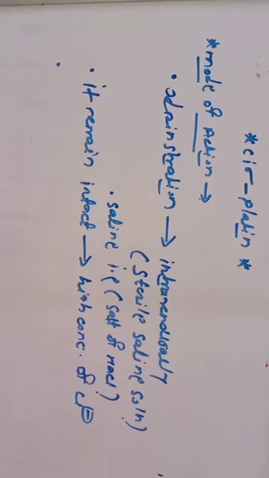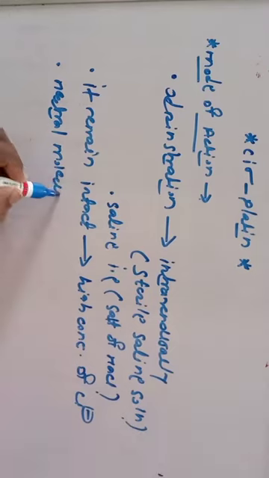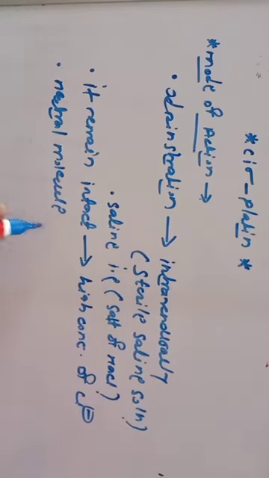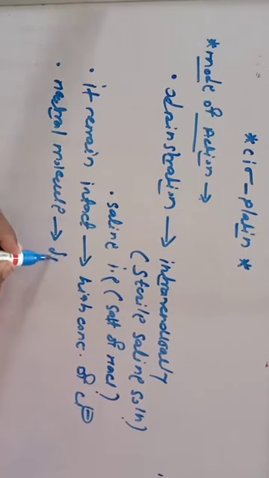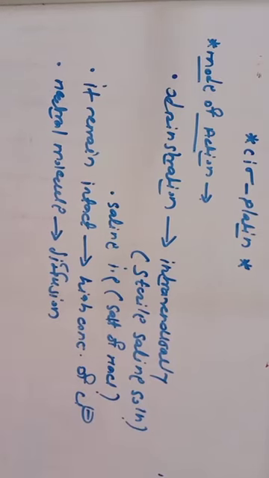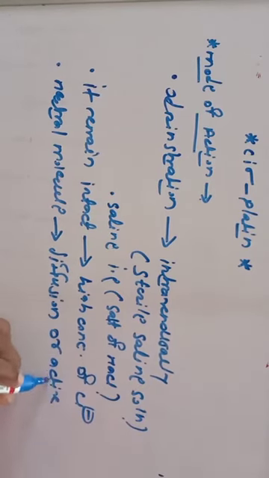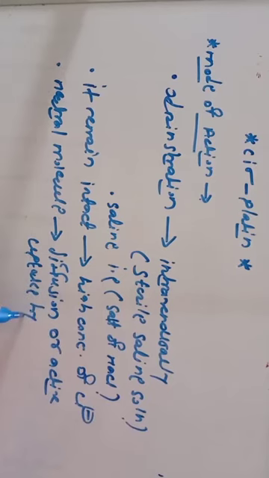It enters into the cell by different routes, such as diffusion, that is, migration of a component from higher concentration to lower concentration, or by active uptake by the cell.